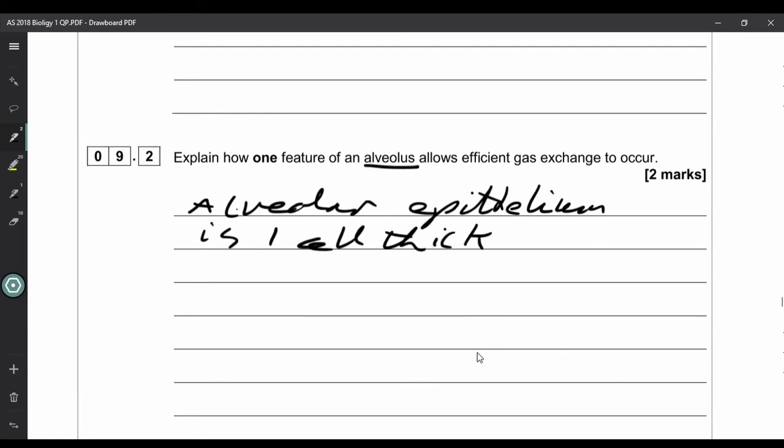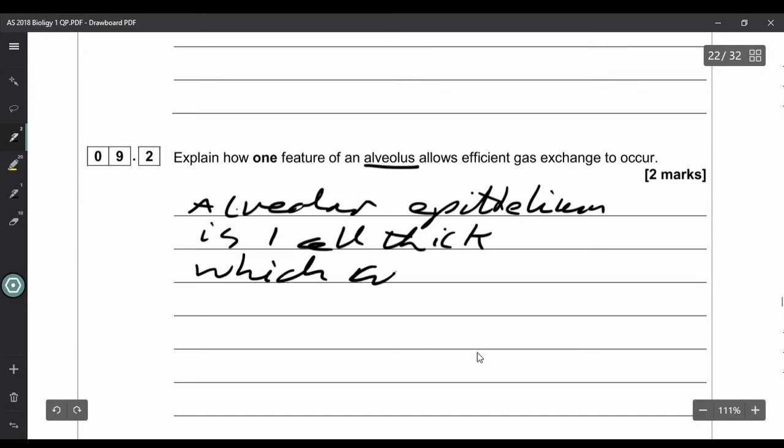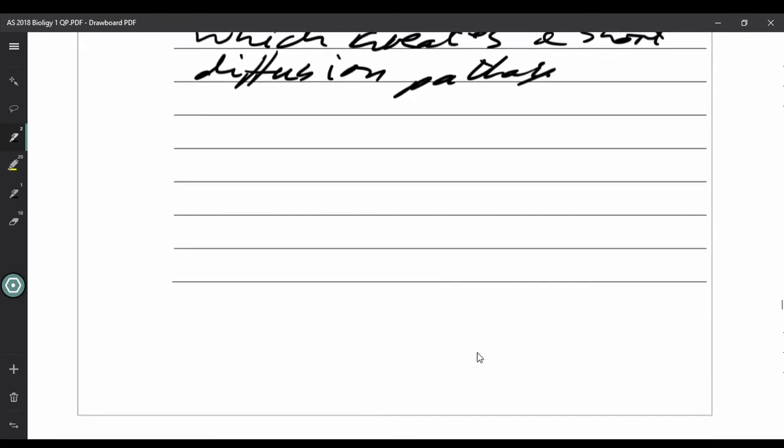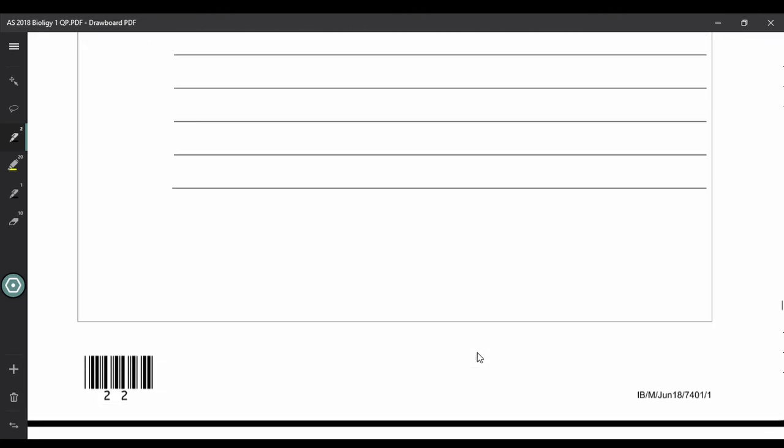For 1 mark, which creates a short diffusion pathway. So again, it's important to read the question and see exactly what it's asking you for a feature of.